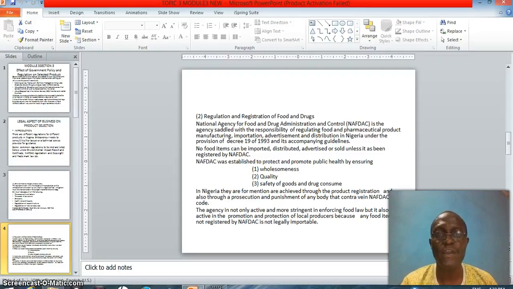In Nigeria, the aforementioned are achieved through product registration and also through prosecution and punishment of anybody that contravenes the NAFDAC code. The agency is not only active and more stringent in enforcing food law, but it is also active in the promotion and protection of local products, because any food item not registered by NAFDAC is not legally importable.